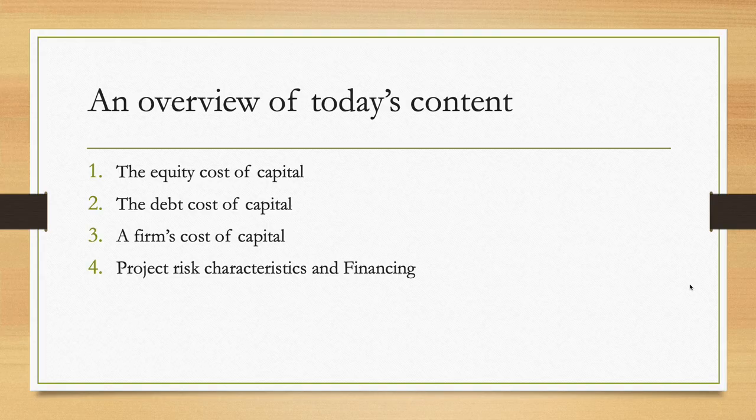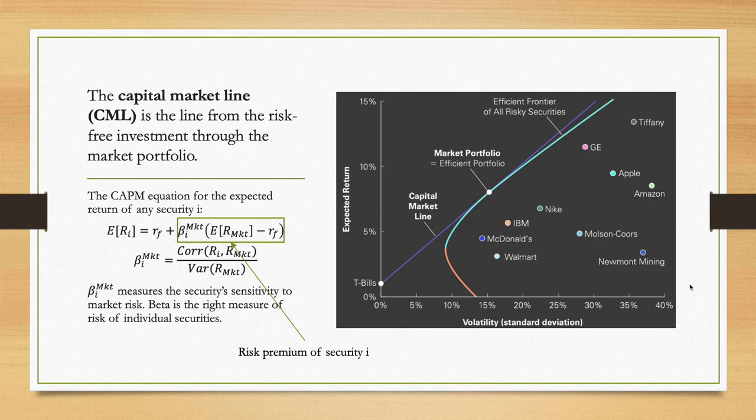Let's get started. We have introduced the capital asset pricing model in the third video of corporate finance. There we have described the capital asset pricing model equation for the expected return of any security.